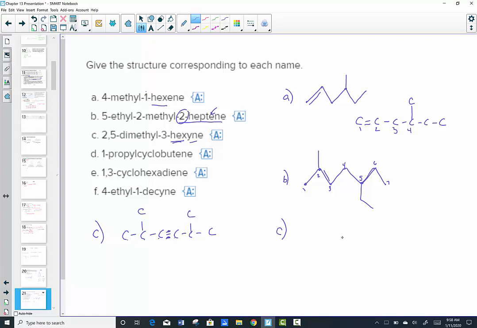So remember the trick: draw a straight line, and then in between there, just put a triple bond representing the location of the triple bond between carbon 3 and 4. Next door, of course, is carbon 2 and 5, but they come out in a linear fashion. That is a straight line in that molecule.